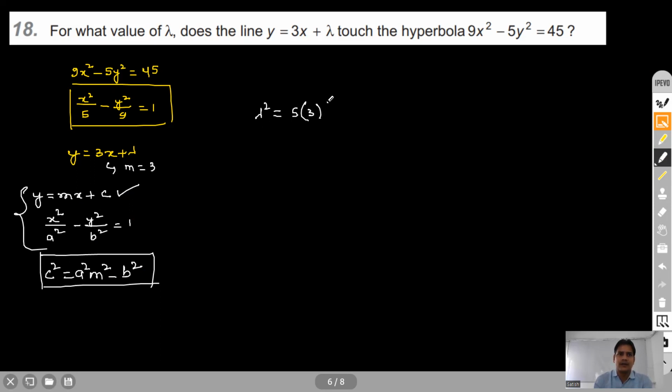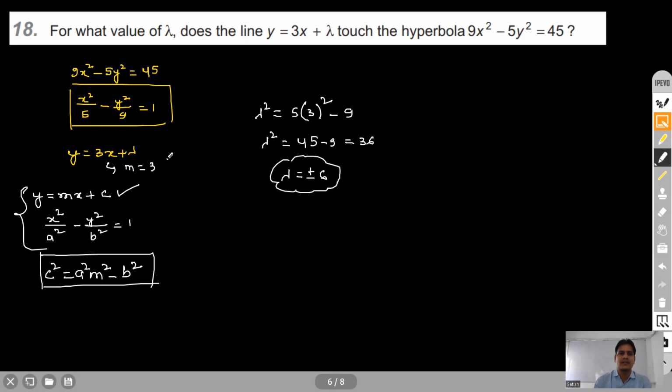So this will be 5 into 3 square, a square m square, and minus b square. b square is 9. So our lambda square will be equal to 5 into 9, so 45 minus 9, that is nothing but equal to 36. So the value of lambda comes out to be plus minus 6. Okay. So for these two values of lambda, this line will behave as a tangent to this hyperbola.